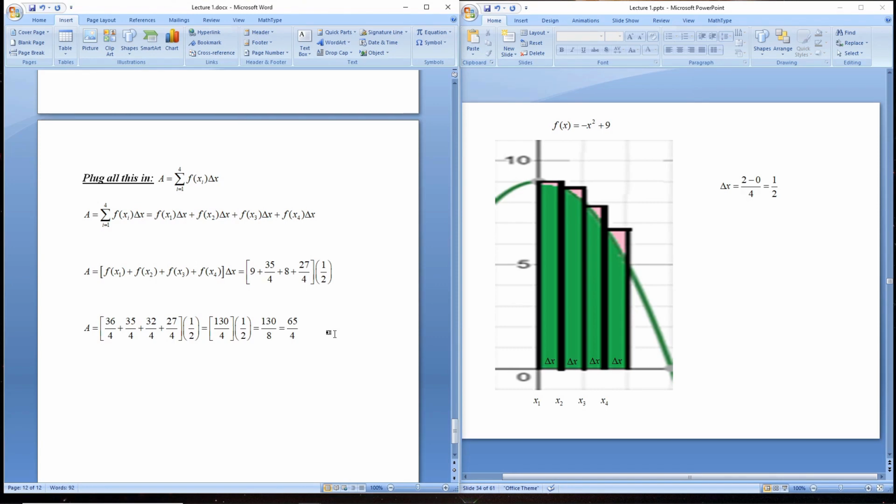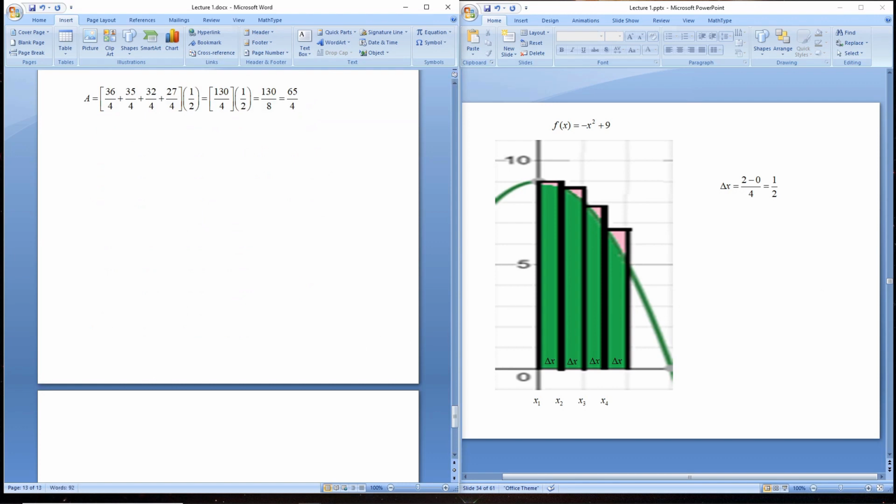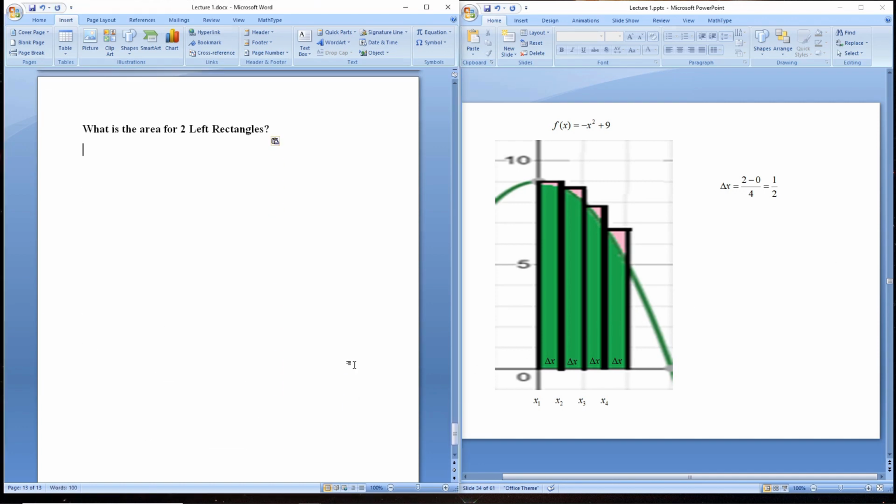Now we'll come back to right rectangles again, but let's go check out what happens when we do left rectangles. So we're going to do all of what we've been doing, but now our question is going to be, what is the area if we use 2 left rectangles?